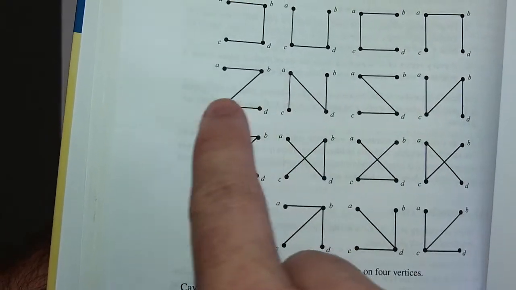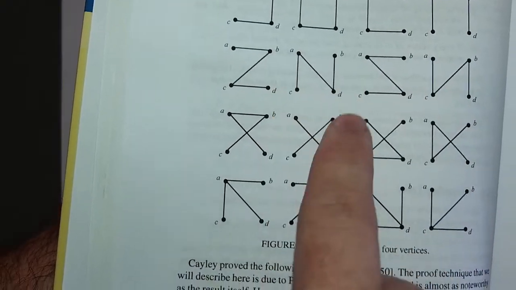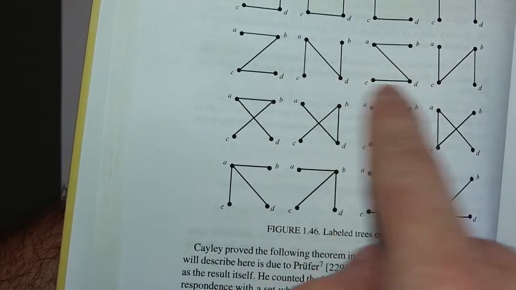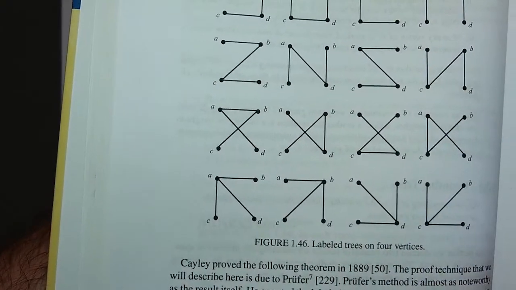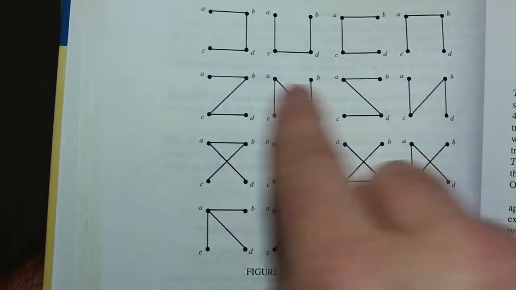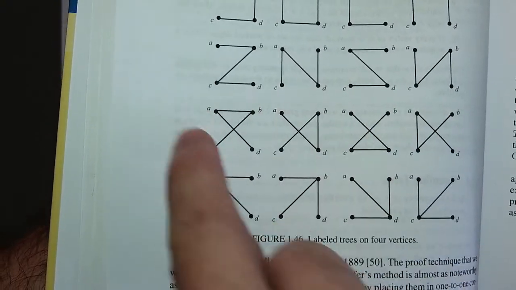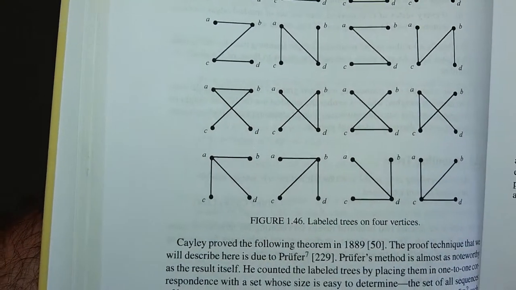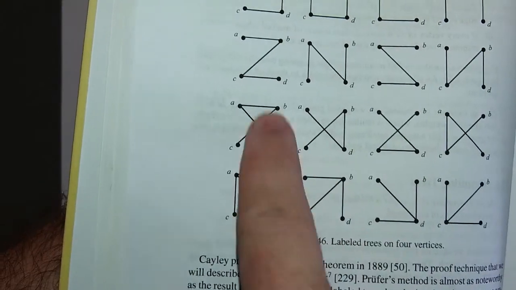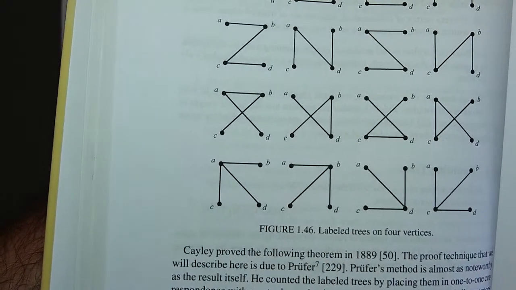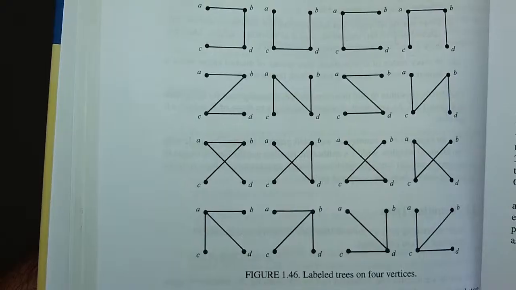Now we have this Z-N sort of pattern, and here they're reflected, right? So there's that symmetry, but all these are different. And then there's this configuration here, the fish configuration, or it looks like some Nordic rune.